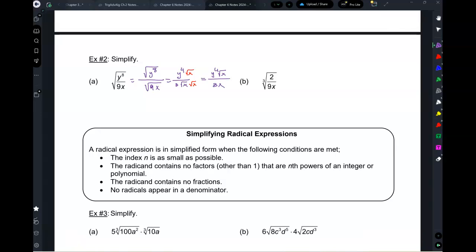Okay, let's do this next one. Cube root of 2 over cube root of 9x. I can't do anything with the numerator.